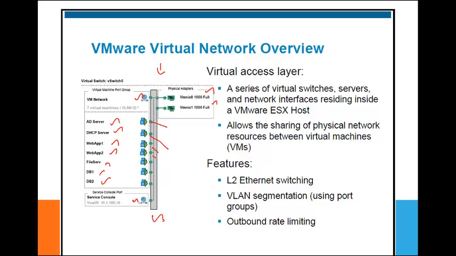So the virtual access layer is a series of virtual switches, servers, and network interfaces residing inside a VM, ESX or ESXi host. This is one host having one virtual switch. You may have many virtual switches inside one host, or one host with one virtual switch.